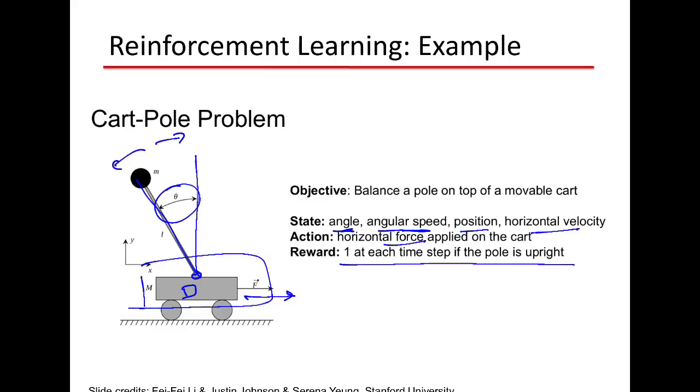And the reward could be 1 at each step if the pole is upright. If it falls down, the reward becomes 0. Your objective is to balance the pole. Now, in this problem, we may not even feed the laws of physics in. So, without the laws of physics, the agent has no information as to which action is going to lead to what future states, and what will be the reward in that state.